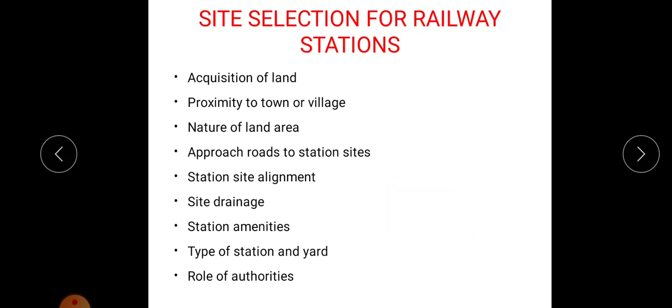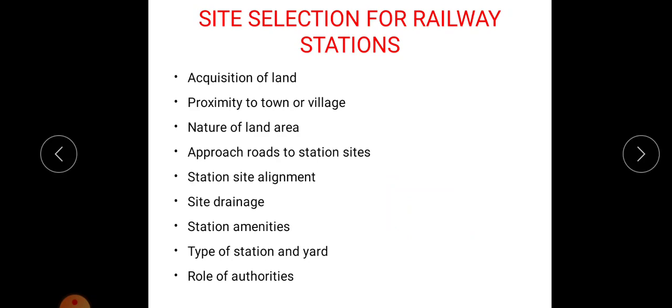Every year there will be development for the railway station. We have to add some tracks to the railway station, or we have to add some more buildings for passengers, etc. So considering all these factors, we have to acquire that much land before constructing a railway station. After some years the land value will increase. That is the first point, acquisition of land.